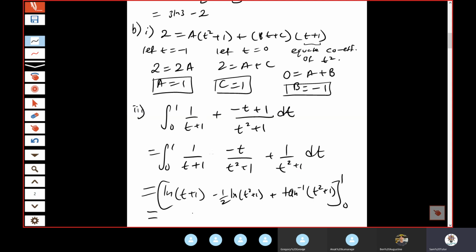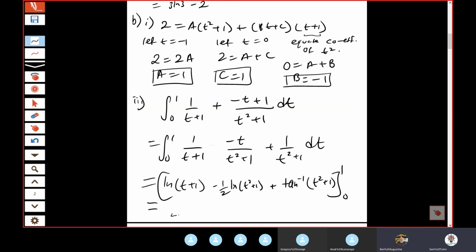Anyone get the actual final answer out? You can help us out. I did, but it doesn't look right. Log 2 minus half log 2 plus inverse tan of 2 minus log 1, which is 0, minus half of log 1, which is still 0, plus inverse tan of 1, which is 45 degrees.